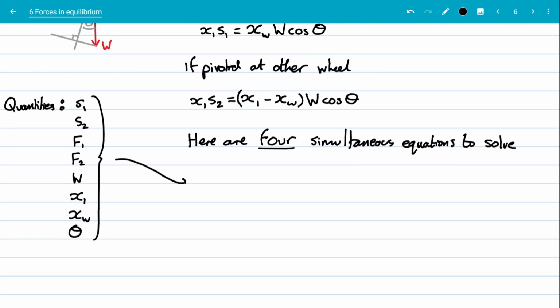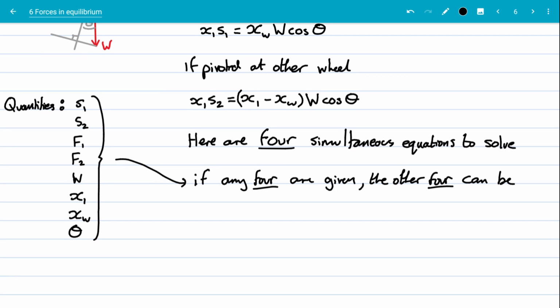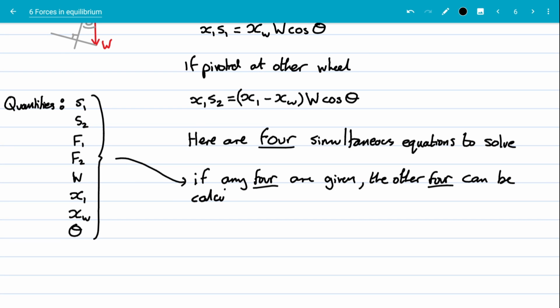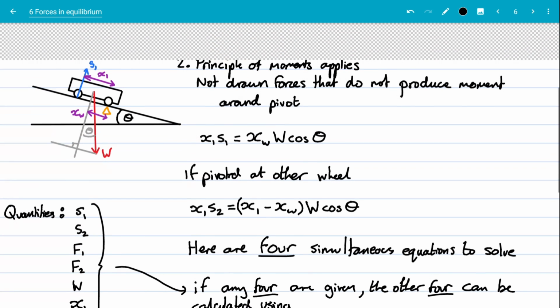And I'm just going to make a note of that. If any 4 are given, the other 4 can be calculated using those 4 simultaneous equations that we've got.